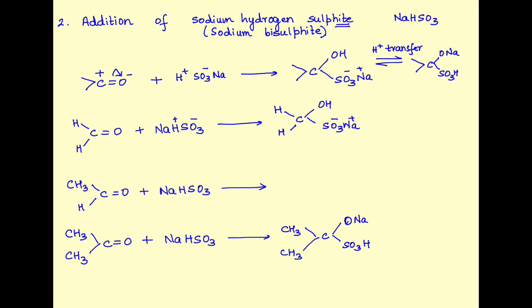My seesaw is balanced. If you notice over here, I've tried to depict it in the first step itself. So we know that the first structure is predominant in the case of aldehydes, whereas the second structure is predominant in the case of ketones, right?